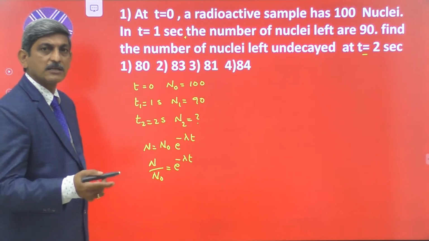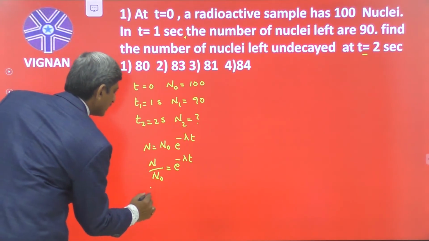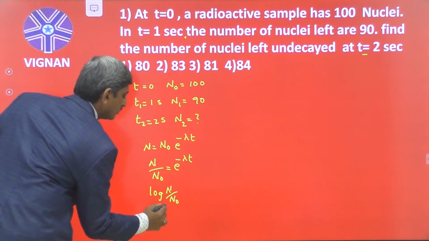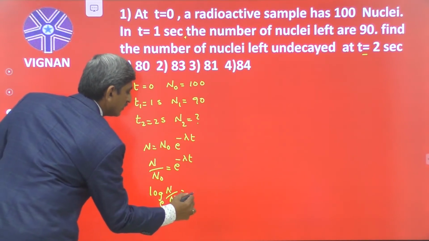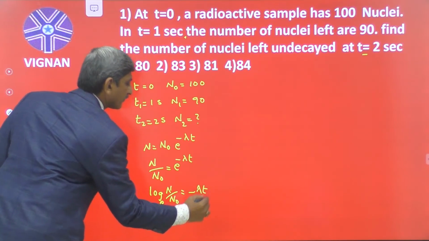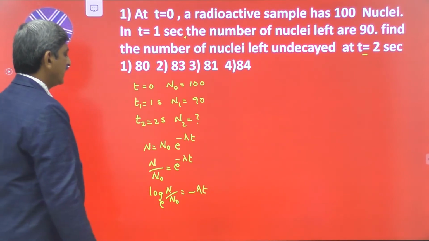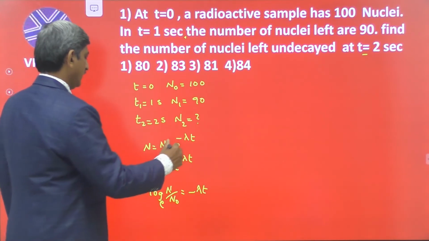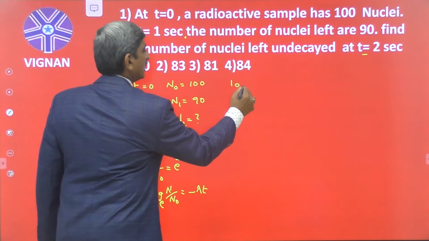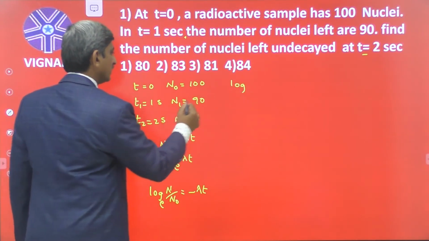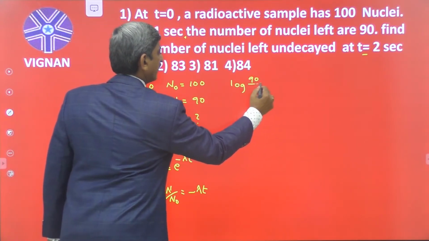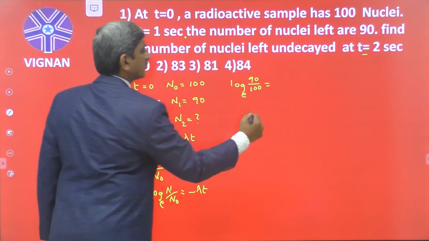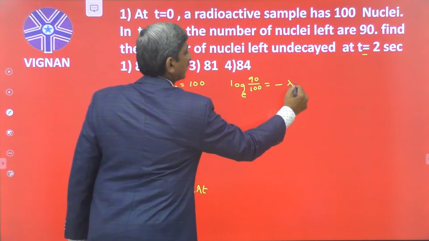By applying logarithms on both sides, it becomes log N divided by N naught to the base e is equal to minus lambda t. Now, let us substitute the given values in this equation 2 times. In the first case, log of N1 which is 90, divided by N naught which is 100, to the base e is equal to minus lambda into 1.